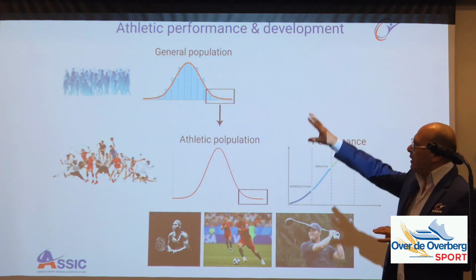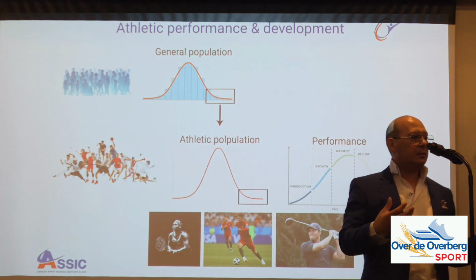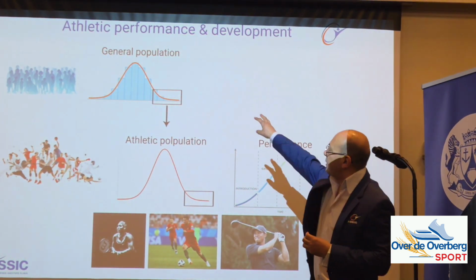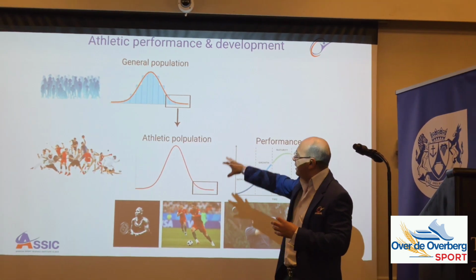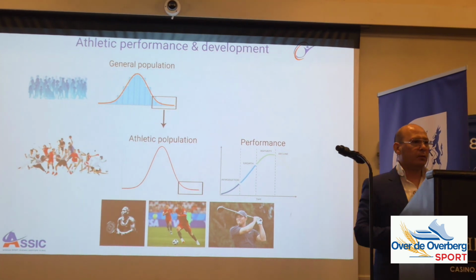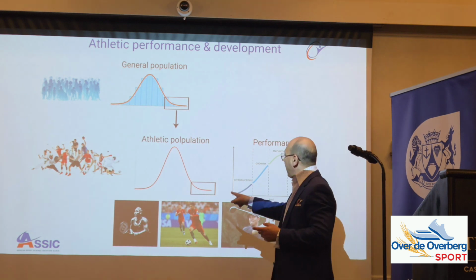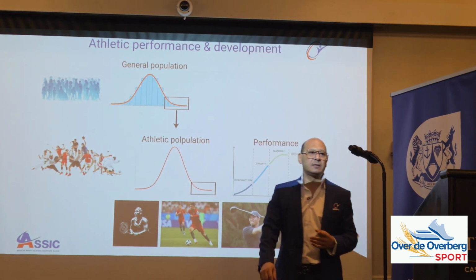So when you look at the general population, you'll find that within the general population, there's a select group of individuals, that's the athletic population, and they're strong, they're powerful, and within that athletic population, you find this group, they're super athletes.